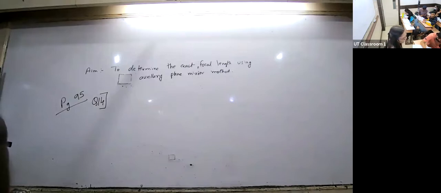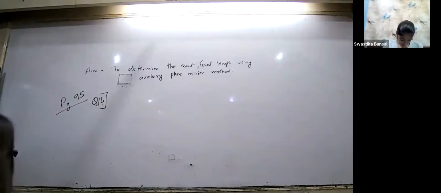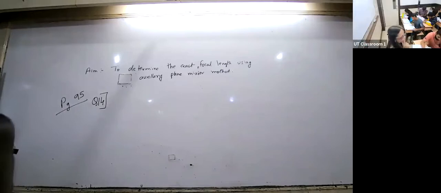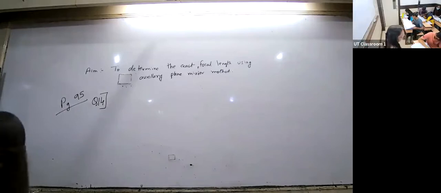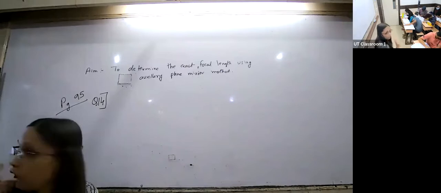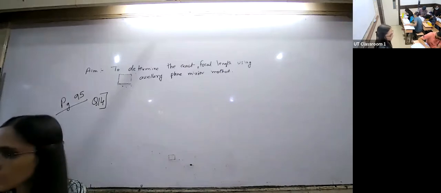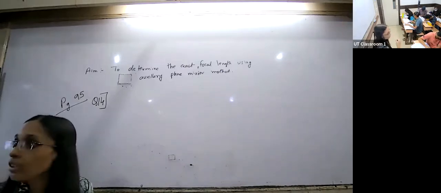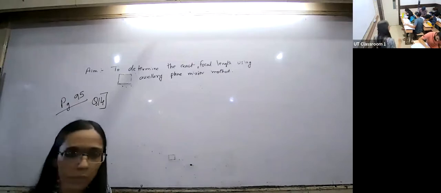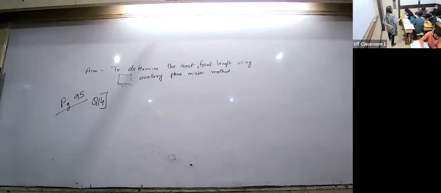That means it is a real image. No, v is negative 10. Oh, sorry, negative. So if v is negative, then it can be correct. If it is positive, it is not. Swastika is also getting minus 10. All right, so two of them have got minus 10 as the answer.